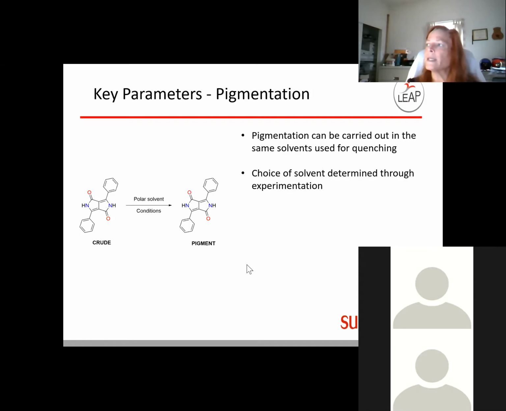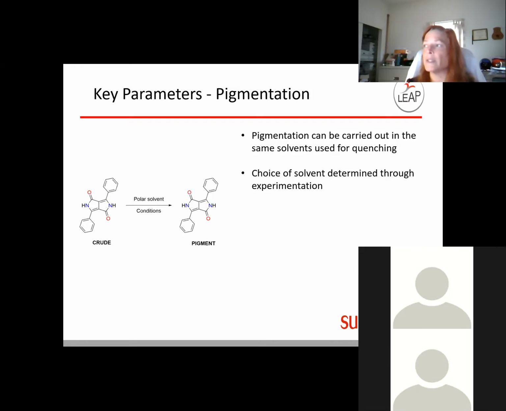The choice of solvent is a pretty complicated set of experiments to make sure that we have the right solvents to result in the desired properties we're looking for, because that solvent can change the properties, whether it be a pigment that is required for a plastic application or a liquid coatings application.